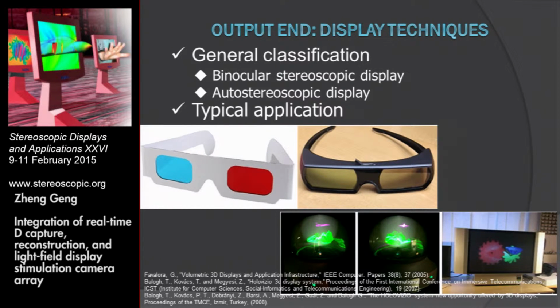And there is also a general classification of displays. The binocular stereoscopic display, as the previous presenter has shown to us, requires wearing glasses and you see two slightly different images with your two eyes. And there are autostereoscopic displays, which either render things in a rotating form, the three-dimensional medium, or use a projector array to render 3D on a flat screen.